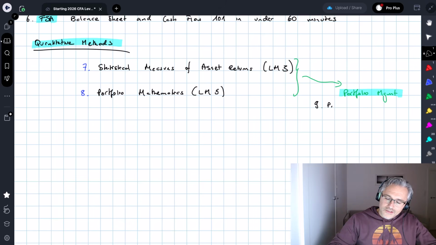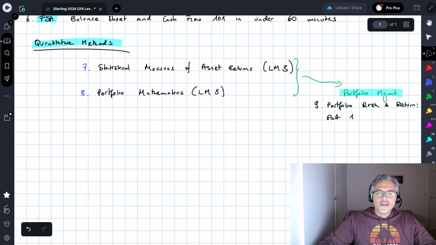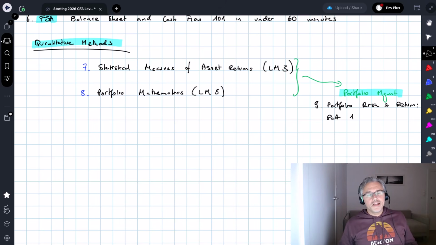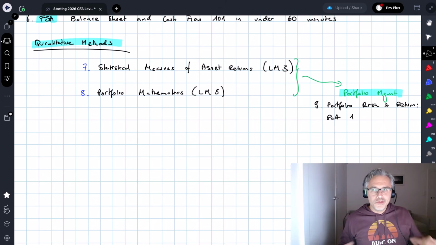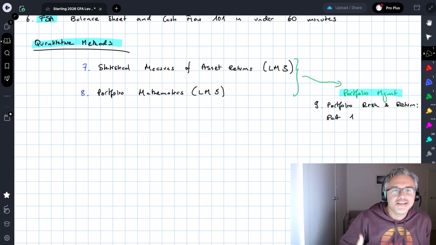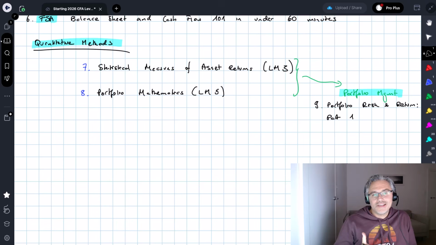Here I want you to study two learning modules essentially: portfolio risk and return, part 1, where you learn about portfolio theory in the sort of more traditional way, where we are typically plotting expected return against measures of risk such as standard deviation of a portfolio's returns.